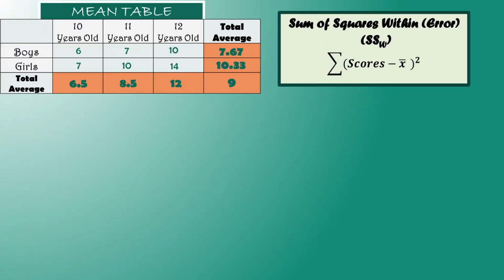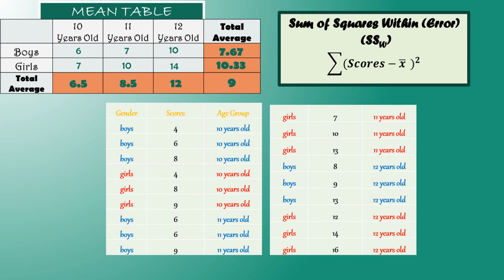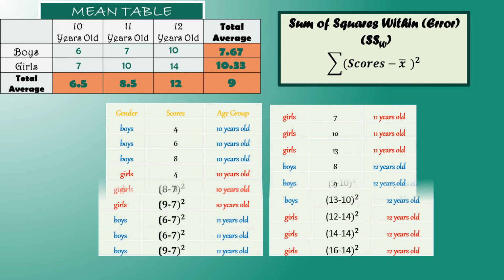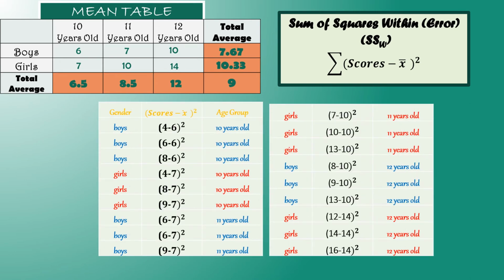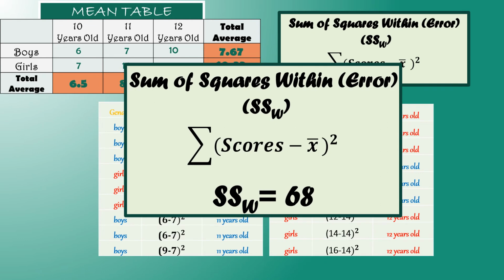For the sum of squares within or error, we have the formula: summation of scores minus mean, squared. So these are the scores of the boys and girls, and we subtract their respective means. Then get the summation.